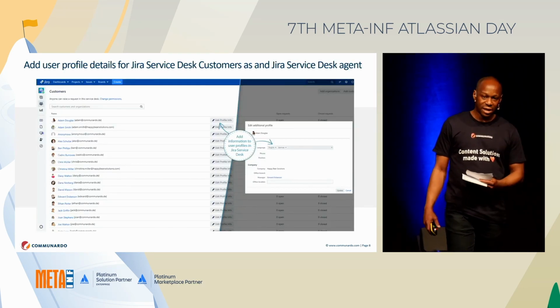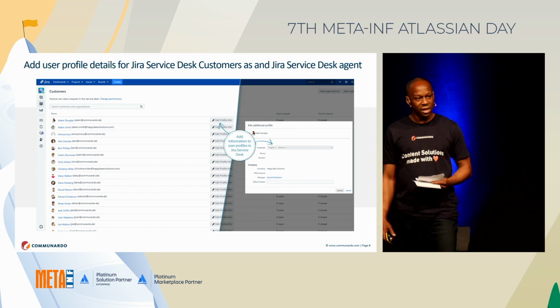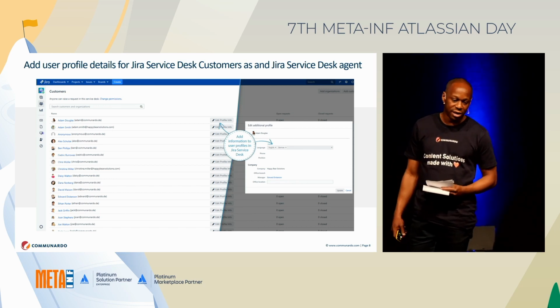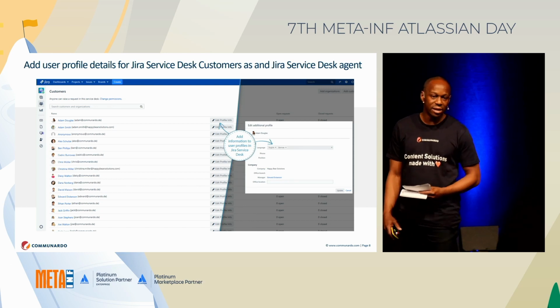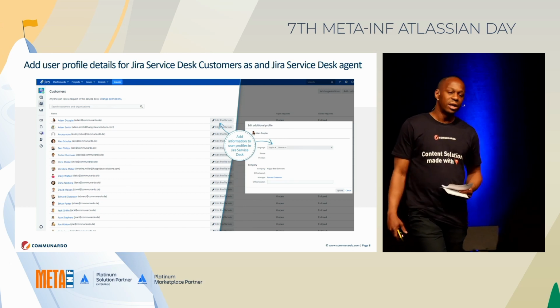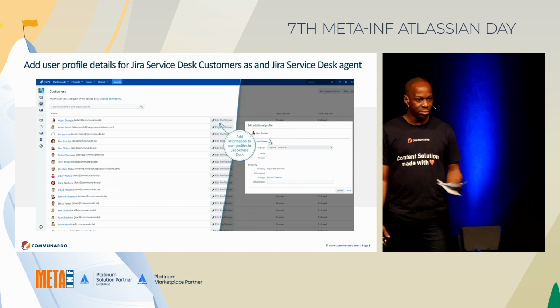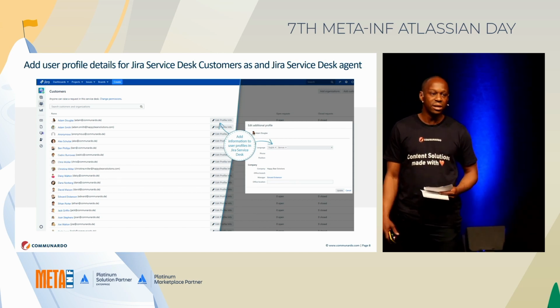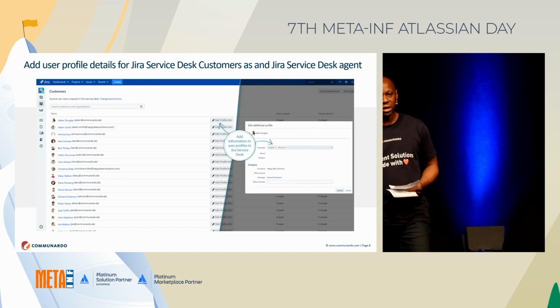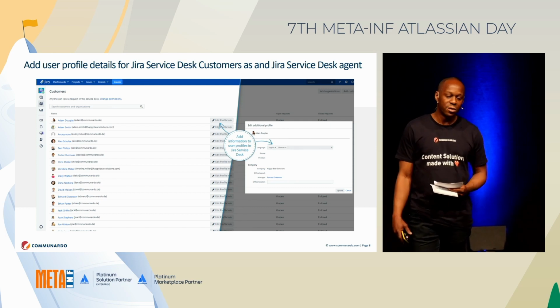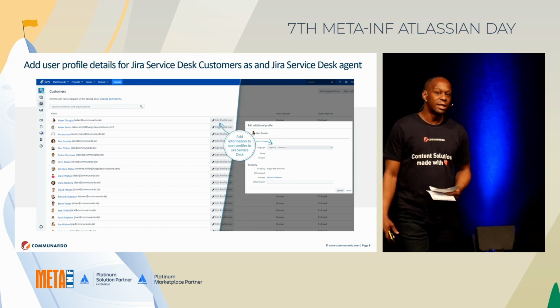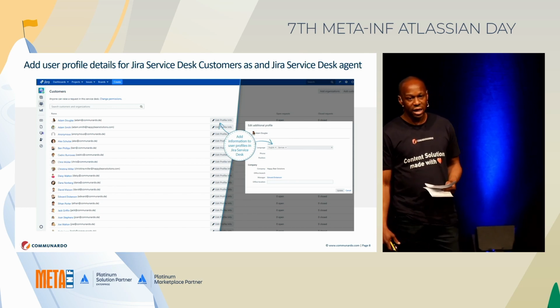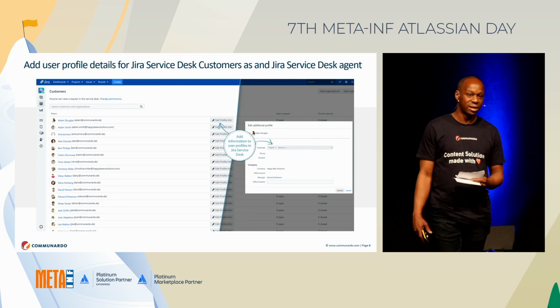As I said, with service agents, making life easier is what we're trying to do with user profiles for Jira. What you can do is add extra information to the service desk, to your customer profiles. You can add the locations, the departments they're in, contact persons, and of course, this makes life easier in dealing with the processes and the issues much faster, and of course, leads to happy customers.